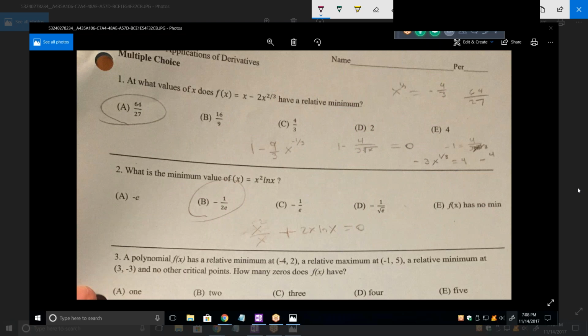I'm thinking for a second. Why can x not be e to the minus 1/2? It can be. That's a positive number, e to the minus 1/2. And in fact, that gives you minus 1/2.